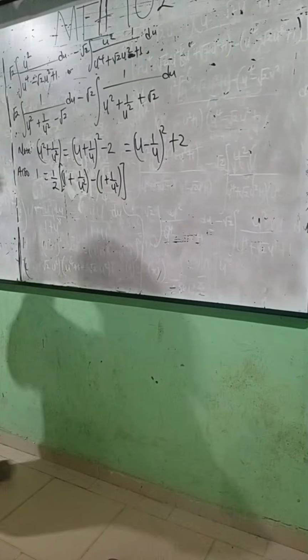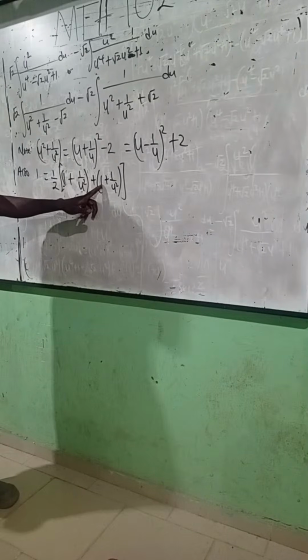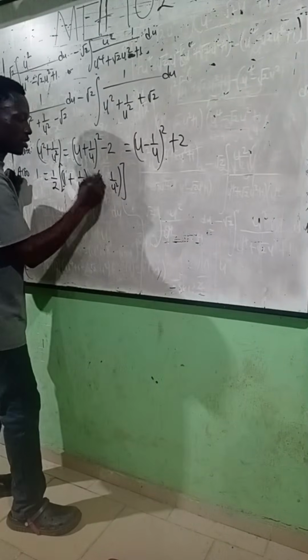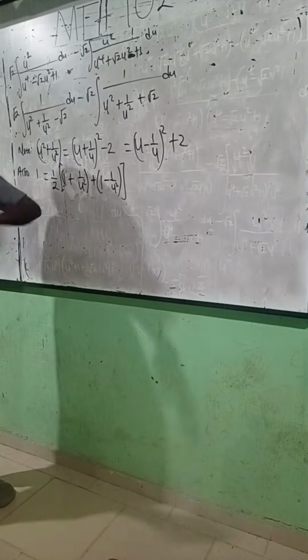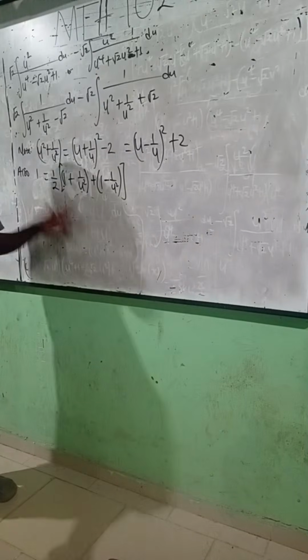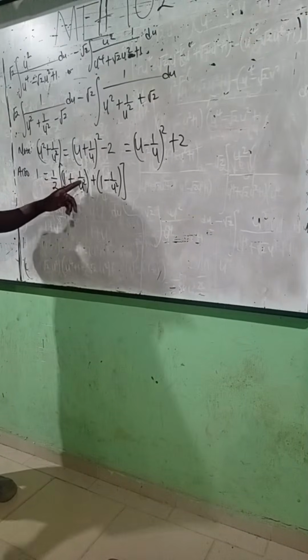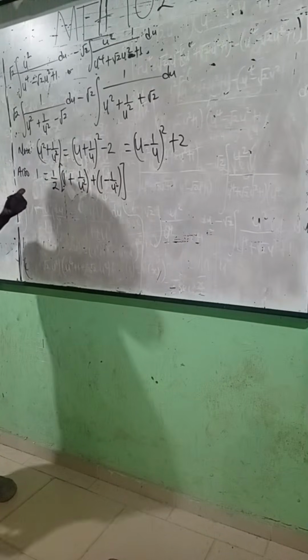Let's confirm. 1 plus 1 is 2. This 1 over u square minus 1 over u square cancels. There's addition in between, so we are not doing multiplication. So 1 plus 1 is 2, 2 times 1 over 2 is 1.